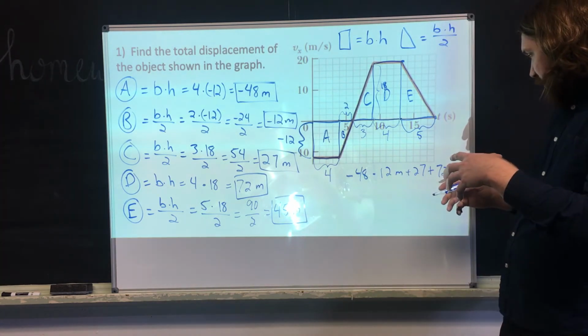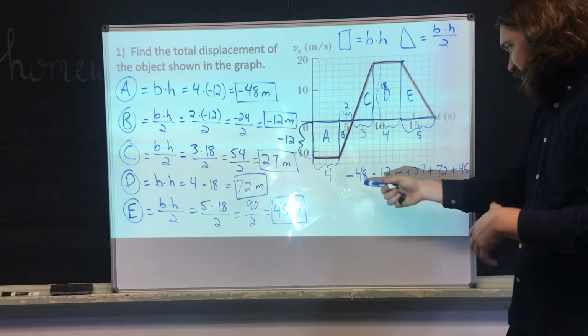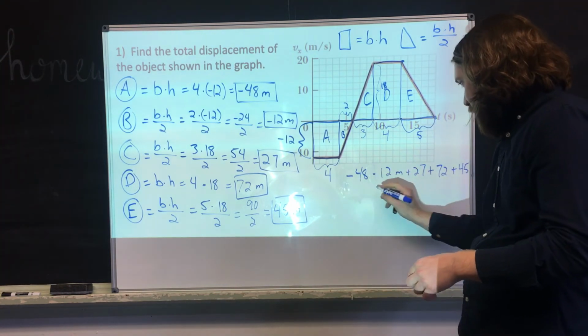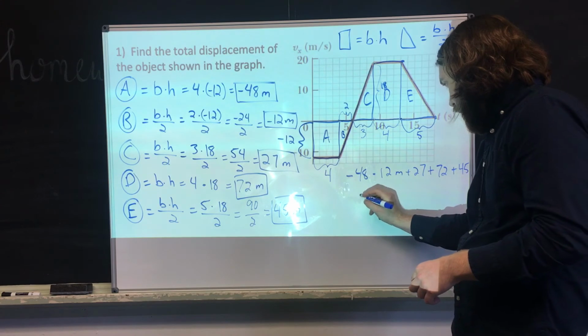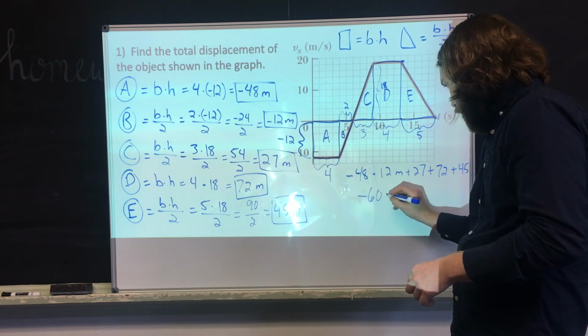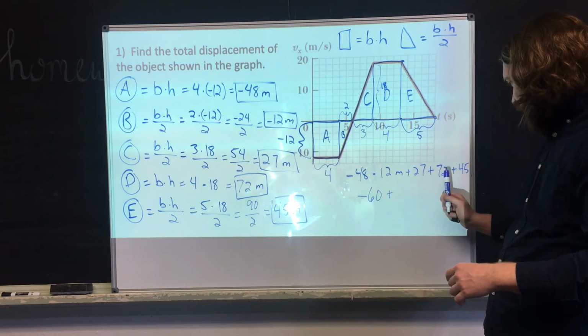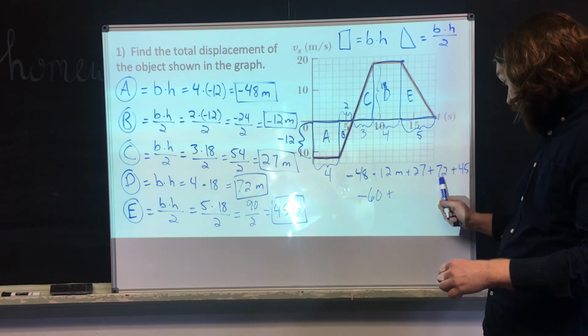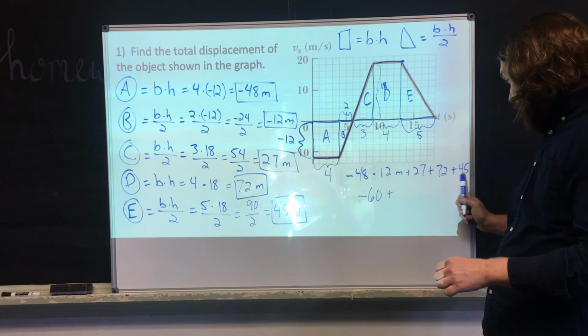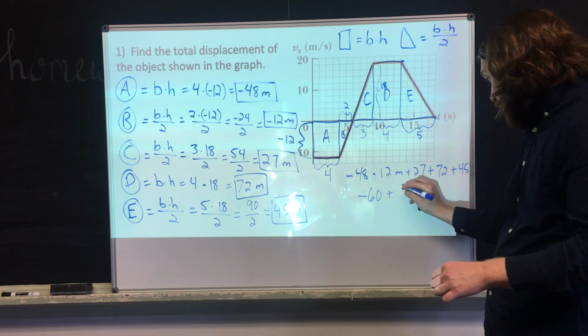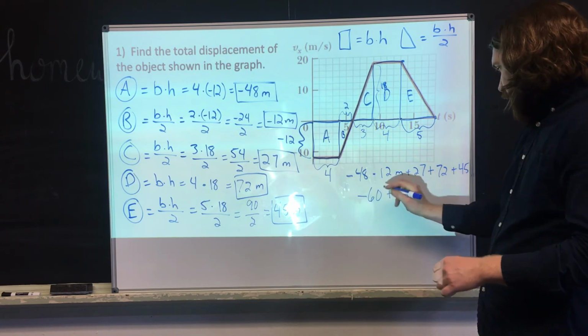I like to do the positives and the negatives together. So negative 48 minus 12 gives me negative 60. Plus, let me see if I can do this in my head, 27 plus 72 is 99. 99 plus 45 is going to be 144.